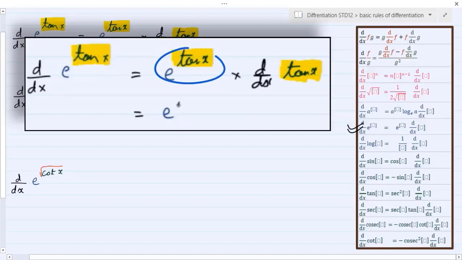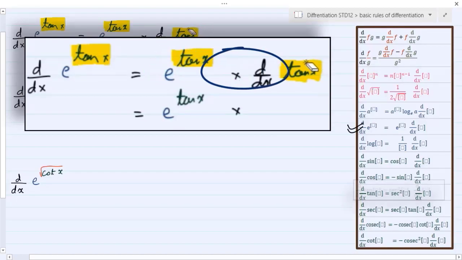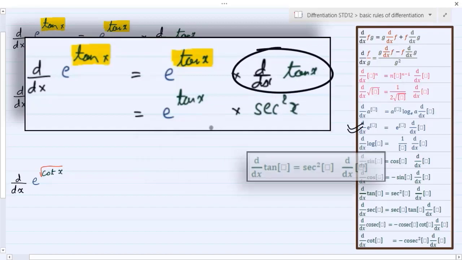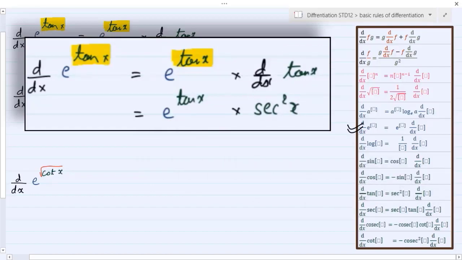So this e raised to tan x will be as it is. We just have to focus on differentiation of tan x, which is nothing but sec square x. So tada, e raised to tan x into sec square x is your final answer.